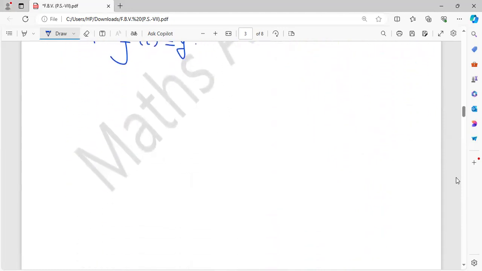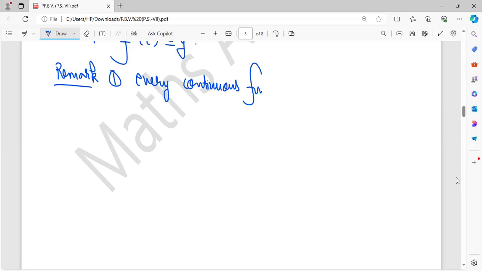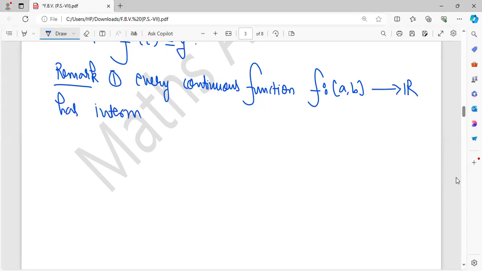So remark: every continuous function f from closed interval [a, b] to R has intermediate value property.